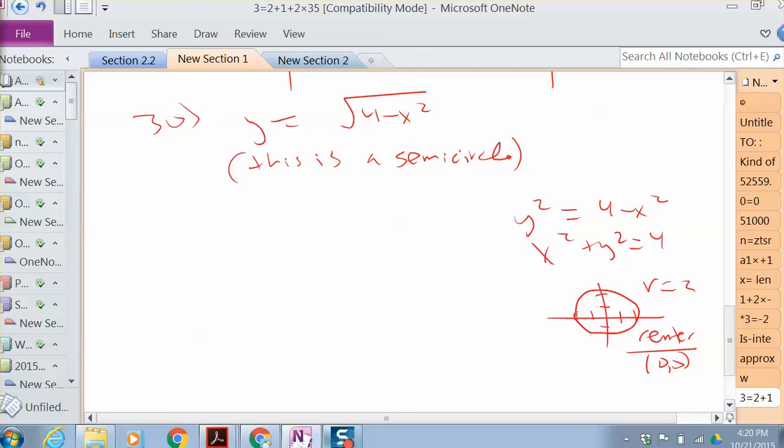Now, the thing is that when you get y by itself from x squared plus y squared equals 4, it's actually plus or minus the square root of 4 minus x squared. But because we have the positive square root, it's only going to be the top half of the semicircle, because y can never be negative.